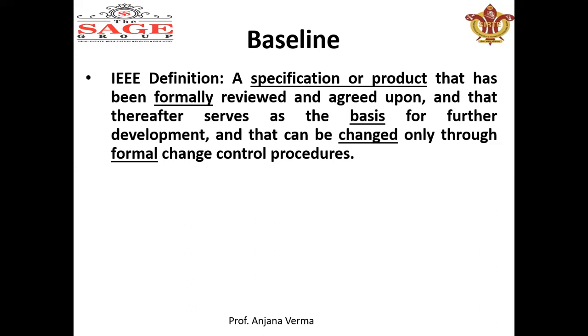Because once we have delivered to the customer, everything related to that software, the management, the developers, the vendors, all stakeholders, has to be controlled with this change. They should all formally know that the change is happening.